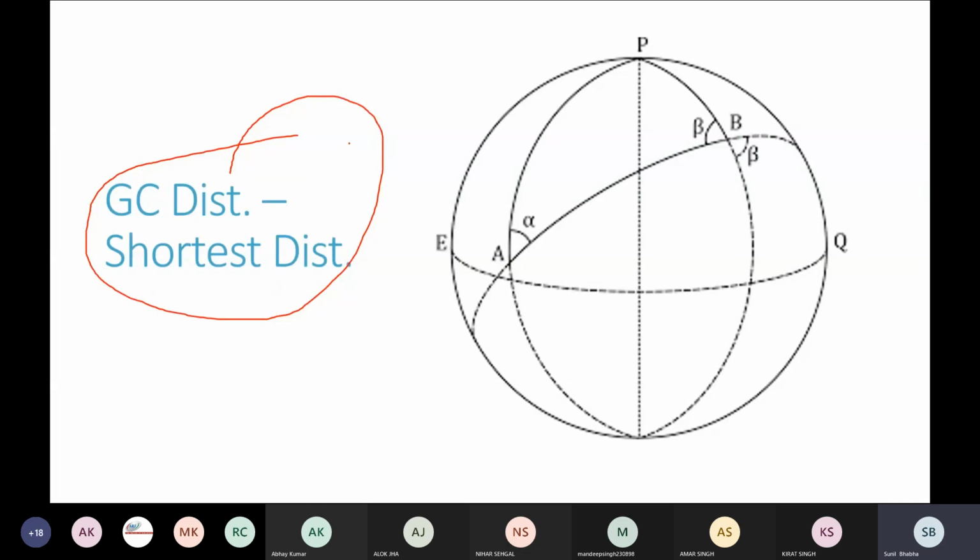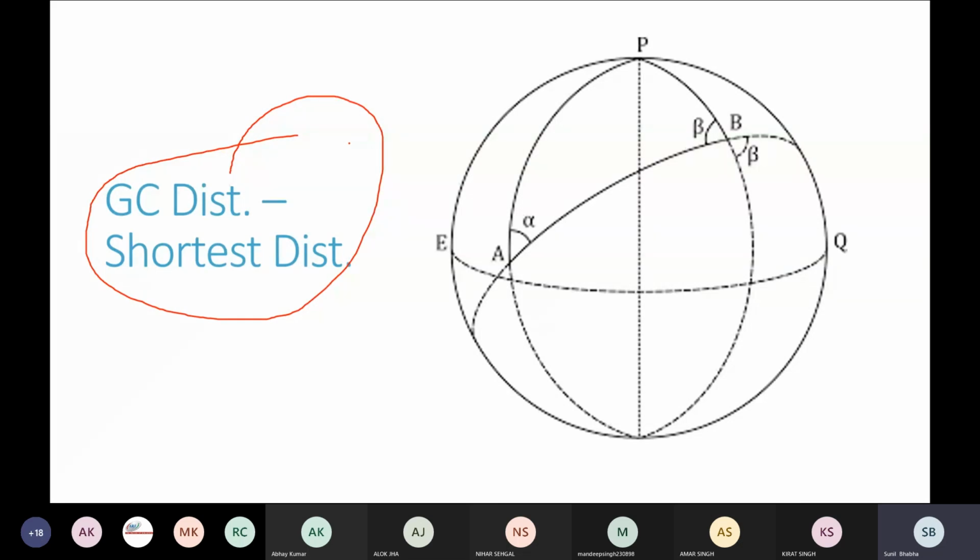Great circle sailing gives us the shortest distance between any two points on the surface of Earth. If you are going from point A to point B, the great circle method will give you the shortest distance between the two points. Now obviously, as a navigator we are interested in taking our ship from position A to position B, and that too by using the shortest distance possible in the earliest time.